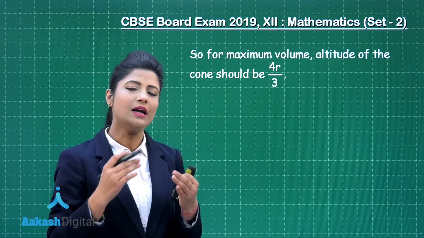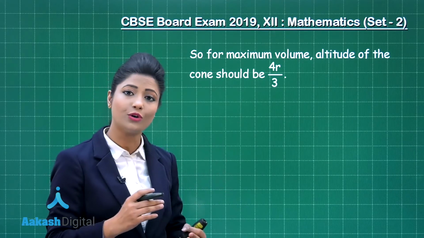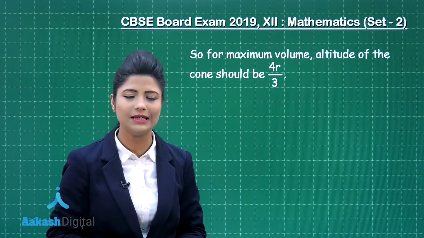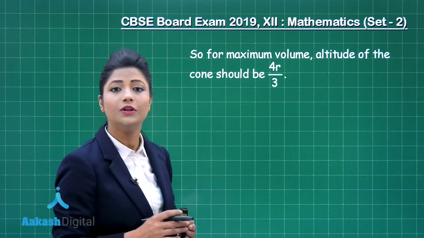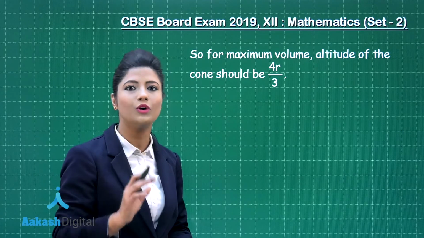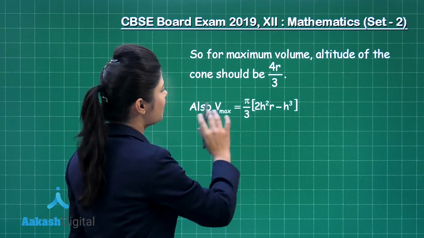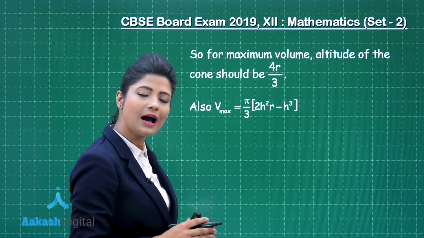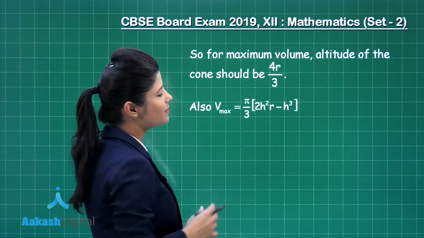So you have seen how we have proved that the cone has the maximum volume when its altitude is 4r by 3. Now, using this value of altitude, you need to obtain the maximum volume of the cone. The volume of the cone was pi by 3 into 2h square r minus h cube. Let's substitute h as 4r by 3.